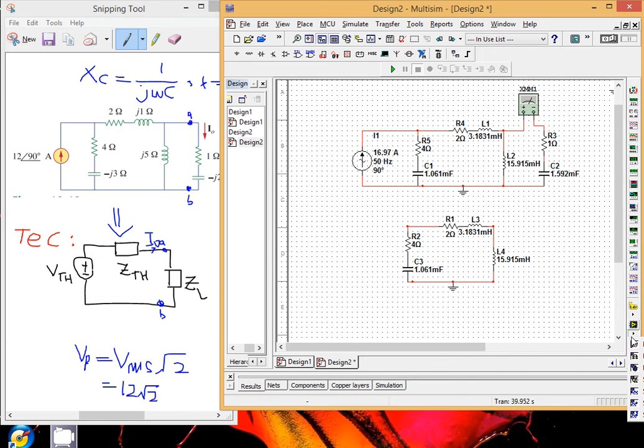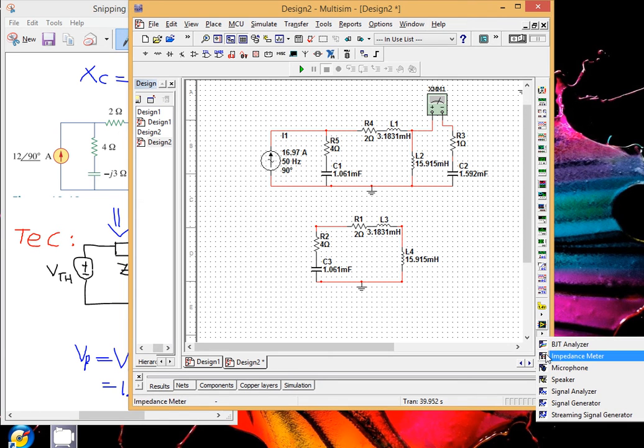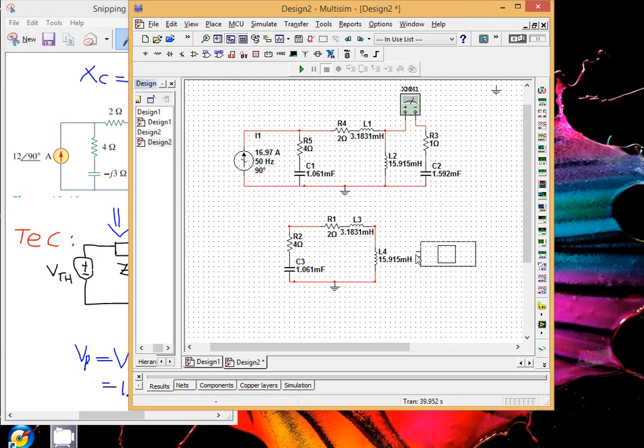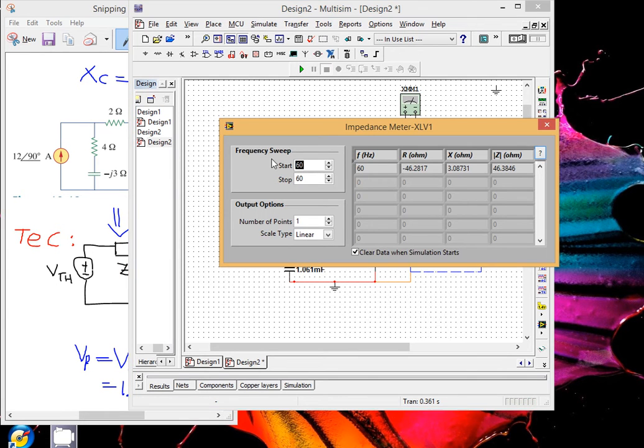So you can get your impedance meter from here and just connect to this. Okay. So this you have to change to 50 Hertz since your frequency is 50.